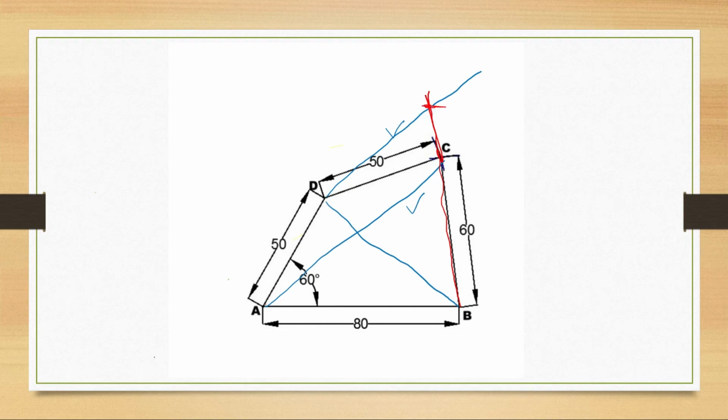So this is the point of interest, and this point we'll just name it O. Once we find this point, what we are going to do, we will draw a line straight to A, and then we have to connect from A to B. So can you see this triangle?